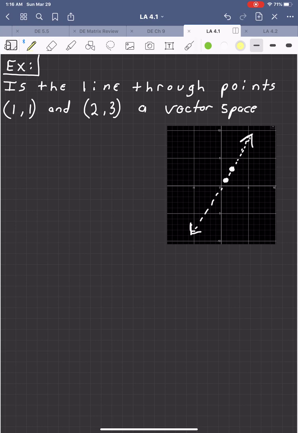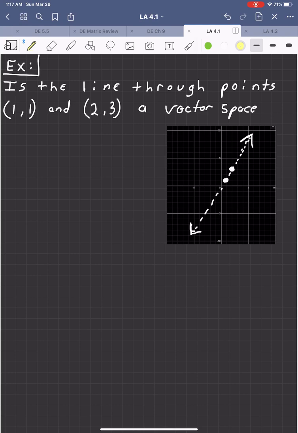I could give you a polynomial and ask you, is it a vector space? I could give you a bunch of arrows and ask you, is it a vector space? The idea is, though, it's much easier to see if we stay in some type of coordinate system, so we're going to continue in our coordinate system.